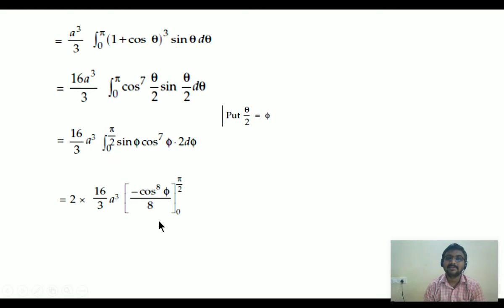Here f of x is cos phi and f dash of x is negative sin phi. n is 7. So negative cos power 7 plus 1, that is 8 phi whole by 7 plus 1, that is 8. Now we have to replace the upper limit as pi by 2 and then the lower limit as 0. So substituting the limits and then simplifying, we will get the result 4 by 3 a cube. So it is the required result of the double integration.